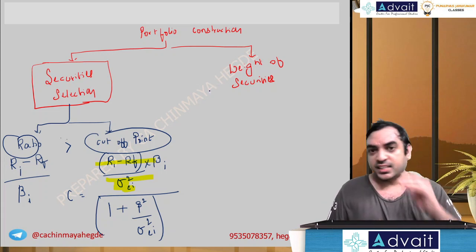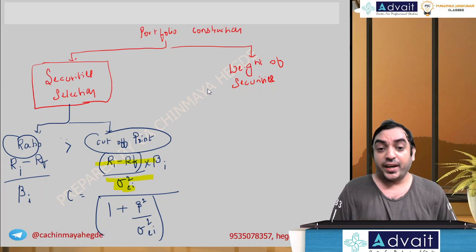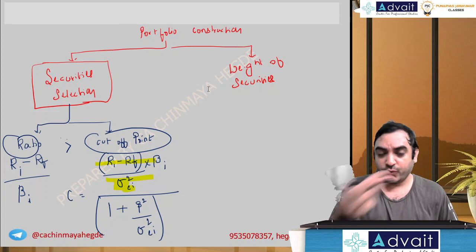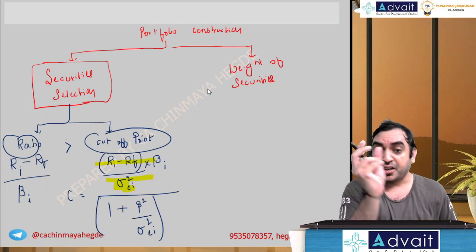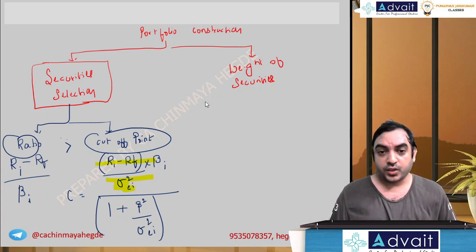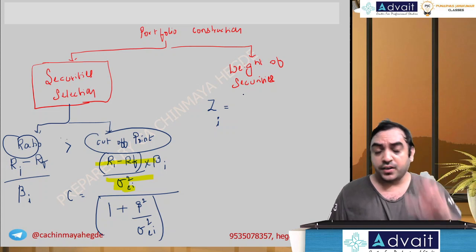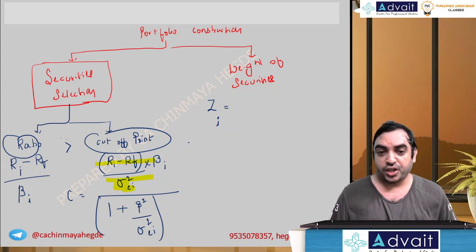I'll explain the process now for your reference purpose. Okay. Now let me explain weight of securities. So this chart gets over. Weight of the securities is depending on, again, a very similar formula. Ratio we calculated, then the cutoff point we calculated. Find out the difference. You calculate in weight of the securities, you have to calculate Z for an individual security, which is based on, first, whatever is in the numerator, select only this part. What is numerator? We got beta i, beta of the security, divided by sigma e square i, same thing.